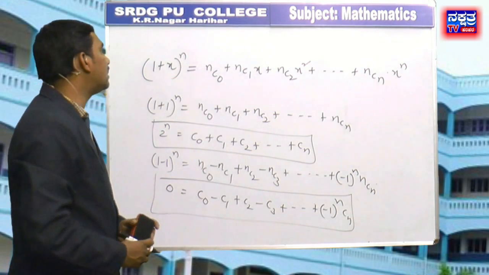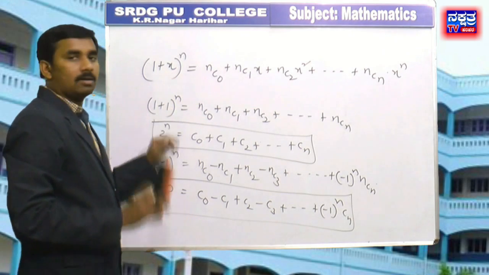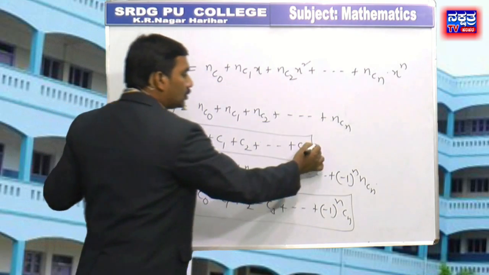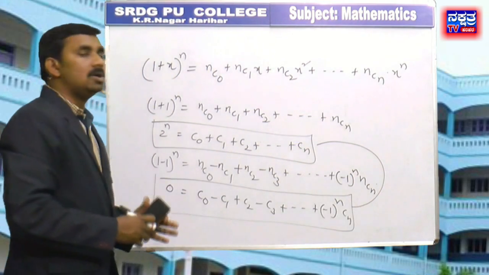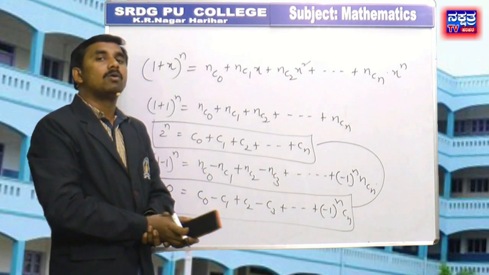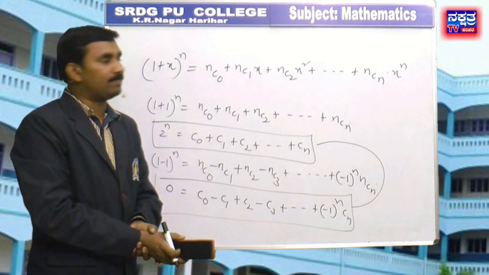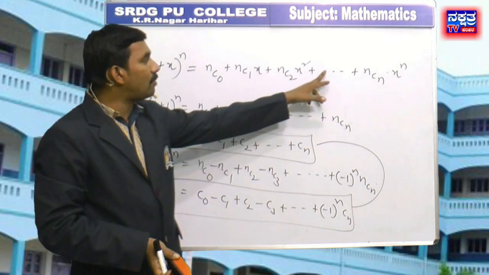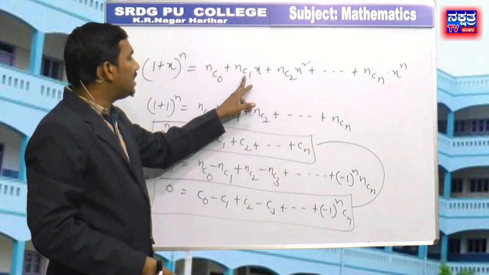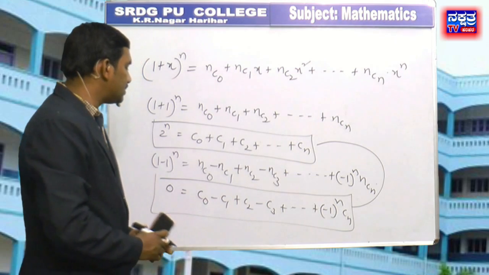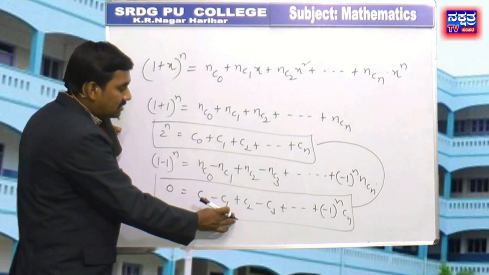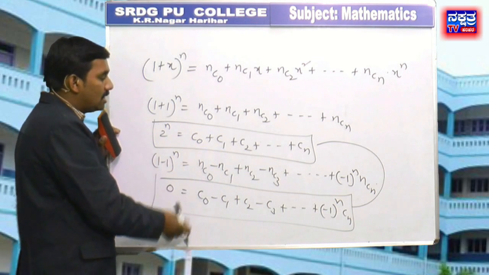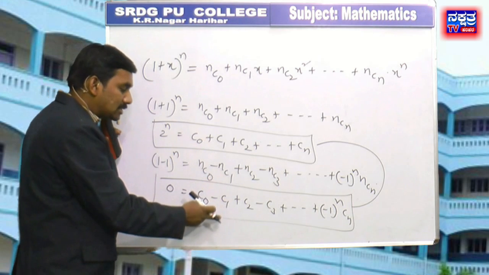So nothing difficult here. Put x equal to 1 one time, put x equal to minus 1, and we get two equations. In this you want the sum of coefficients of odd powers of x. Coefficients of odd powers of x means x power 1, x power 3. What are those? nC1, nC3. To get these terms from the two equations, take 1 minus 2.